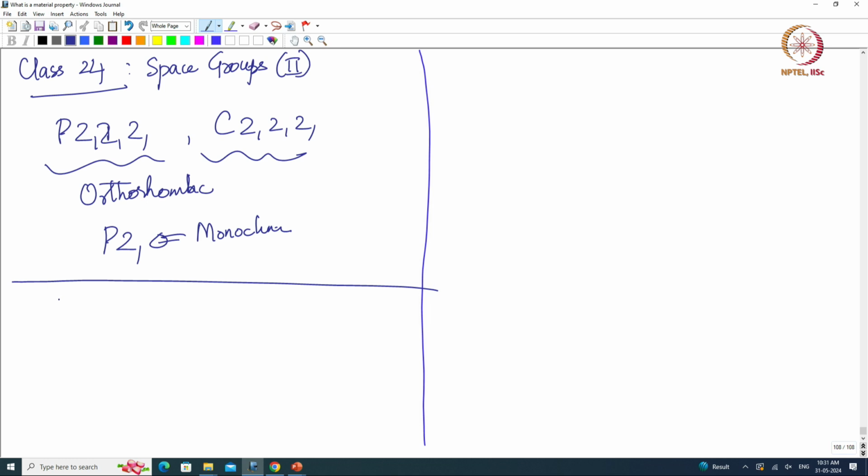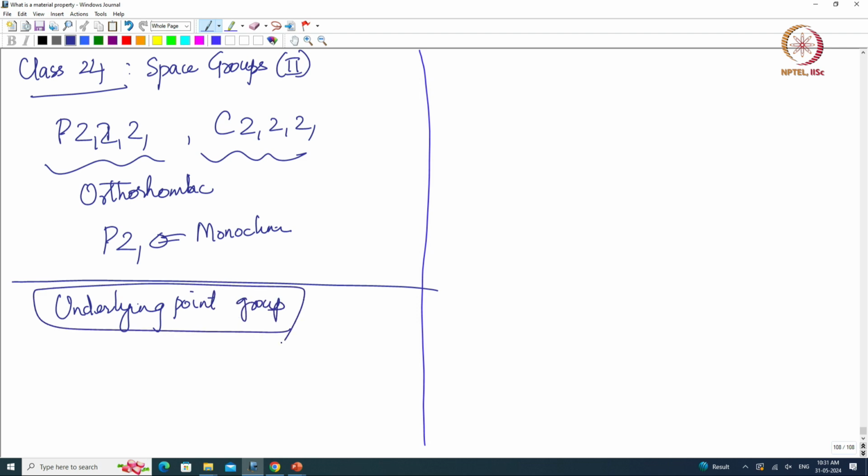Now I am going to define what is called an underlying point group. This is very important. I have been using the word underlying point group when I was looking at point groups, but I have never formally defined it. So a space group operation, in the Seitz notation, I am going to write as R|tau.